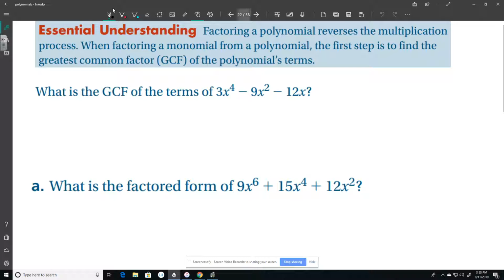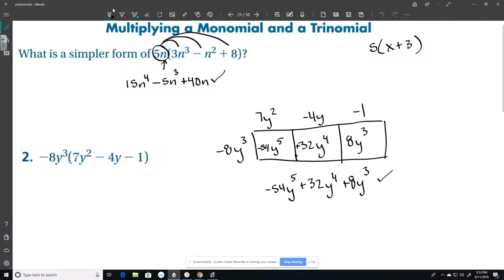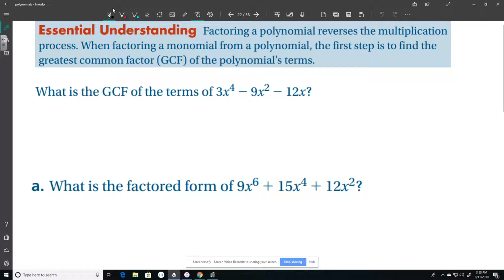Now we got to go backwards. So this is distribution. We can also factor out polynomials just by doing the reverse. So the way this works, and you're welcome to read through this if you want, but basically what I'm doing is, here's my polynomial: 3x to the 4th minus 9x squared minus 12x. I want to pull something out of that and put it in the front of the parentheses.